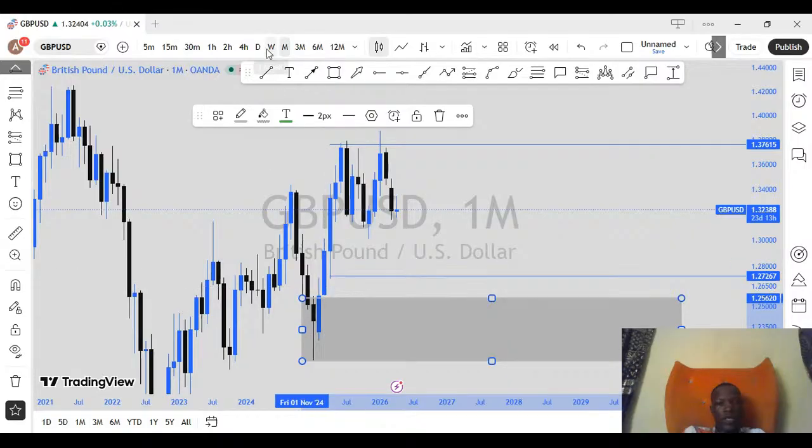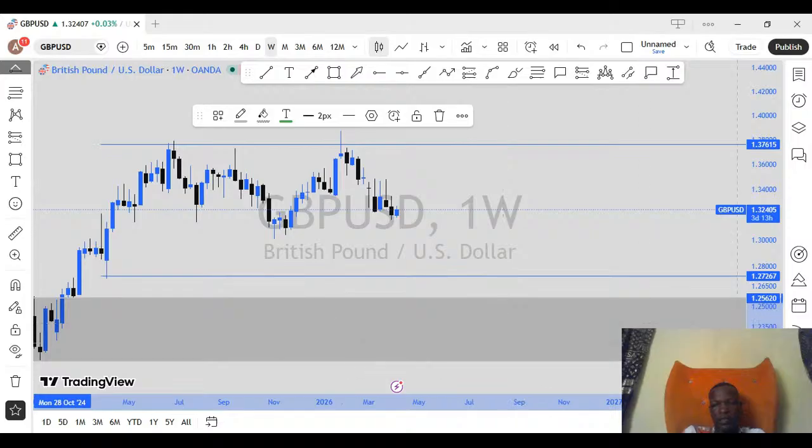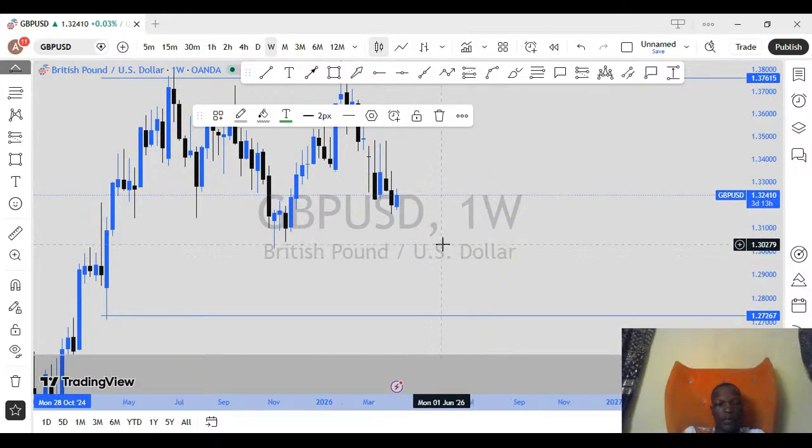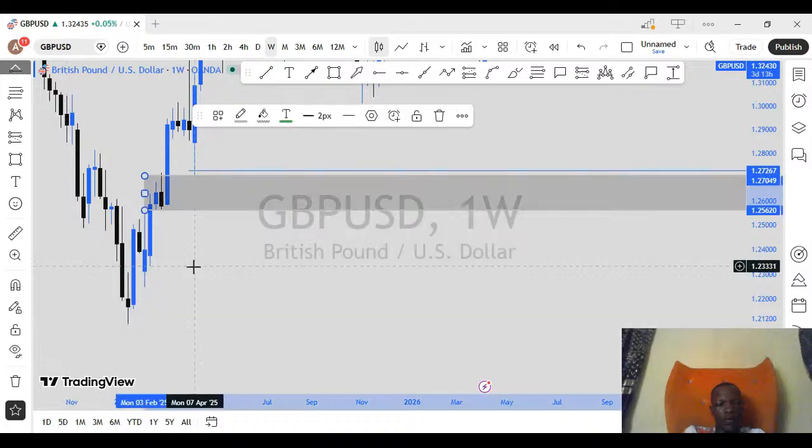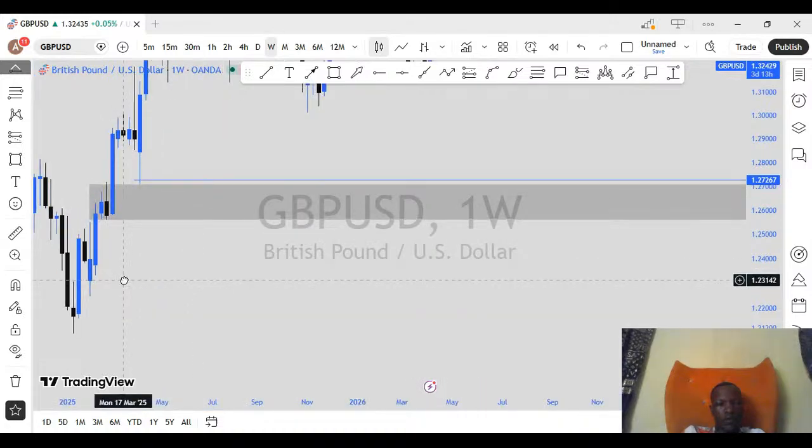On the weekly time frame, we expect the market to come down to this level and sell. So this is our supply zone. This is the first supply, the market has used the supply zone. The second one, the third one, we expect the market to come back to this supply zone for us to be able to sell. You can say this is monthly.